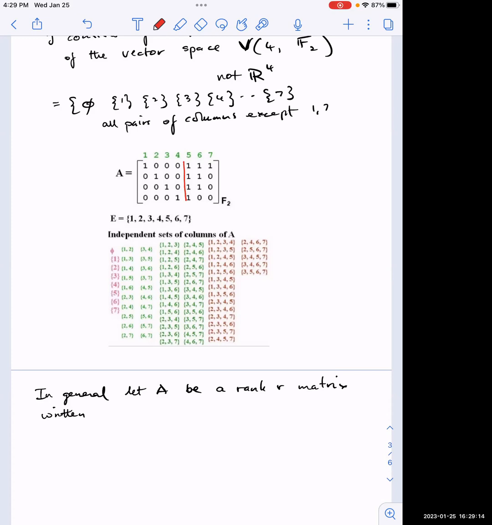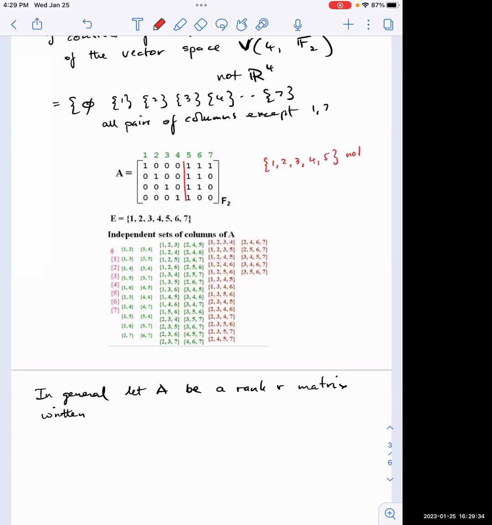So, for example, if you add up columns 1, 2, 3, 4, 5, you'll get 0. So 1, 2, 3, 4, 5 is not independent. We still haven't talked about what dependent is, so we'll just say not independent here.